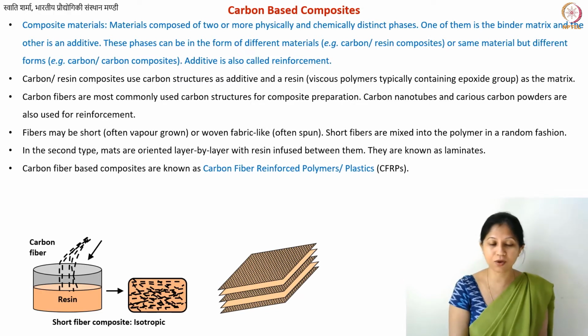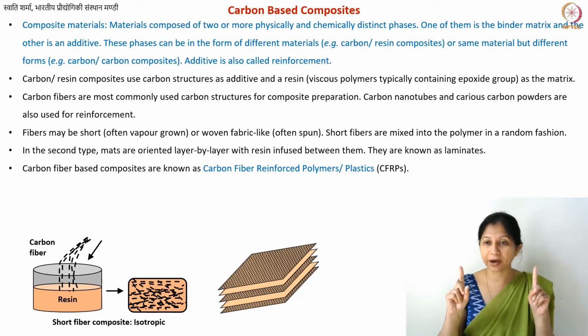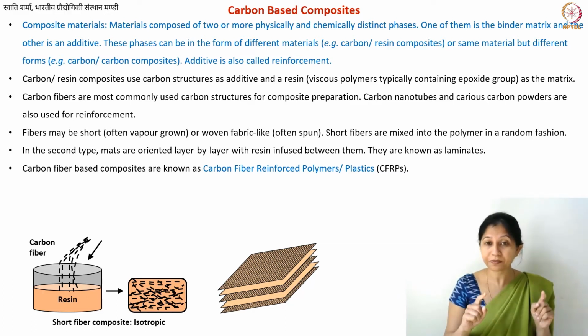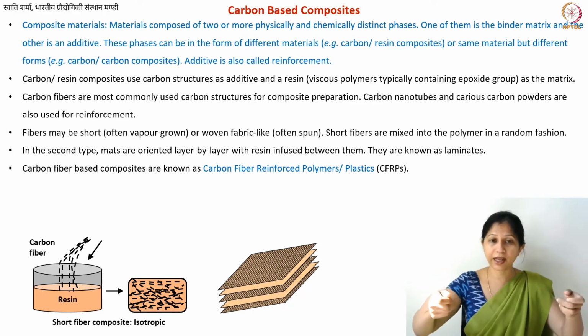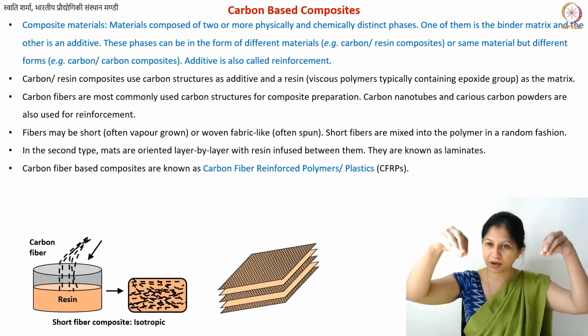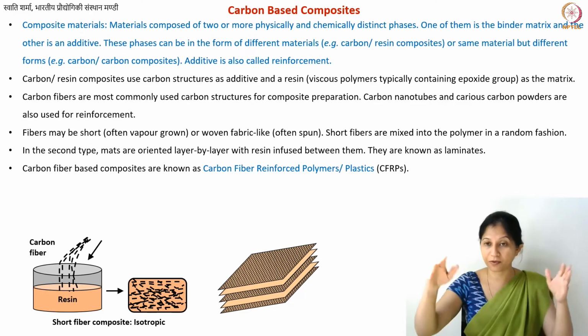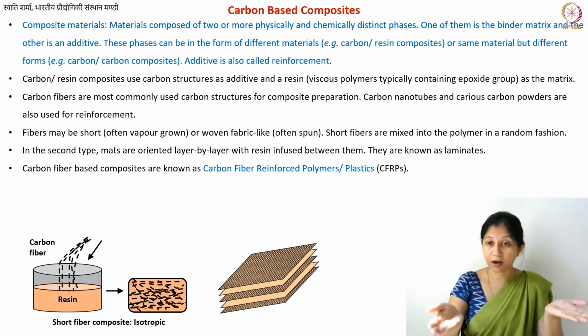How do you make them? You call them laminates. Laminates basically means these structures that are prepared layer by layer. You take one layer of your carbon fabric. So it is already woven carbon fiber mats. So you put this one layer, then you infuse some resin, then you put some resin on top of that. You can even take a brush and paint the resin on top of this structure or carbon fiber mat.